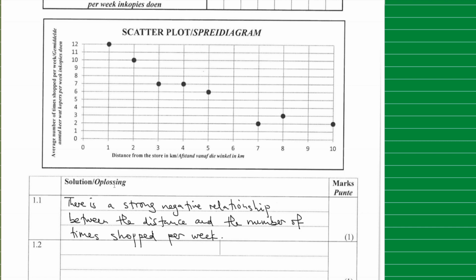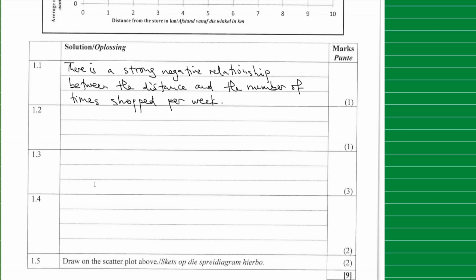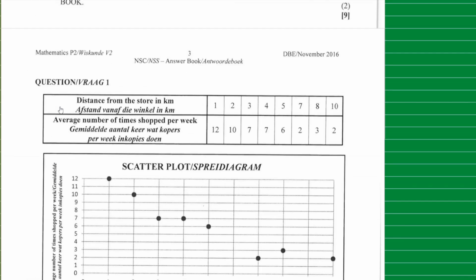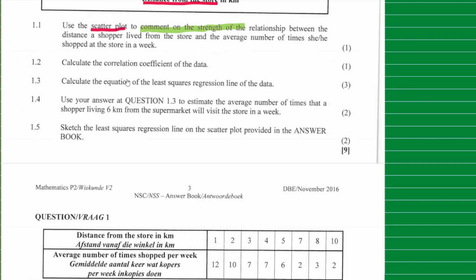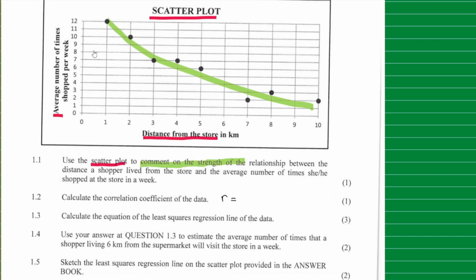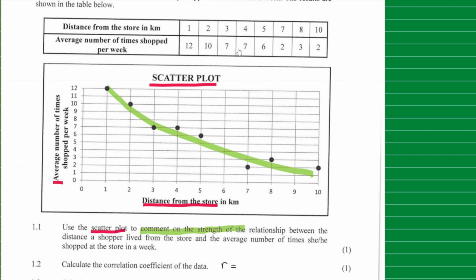Question 1.1 is done. Let us look at 1.2. Question 1.2 is to calculate the correlation coefficient of the data. The correlation coefficient is represented by R. To do that, we have to enter our data values in a calculator and then extract the value from there.